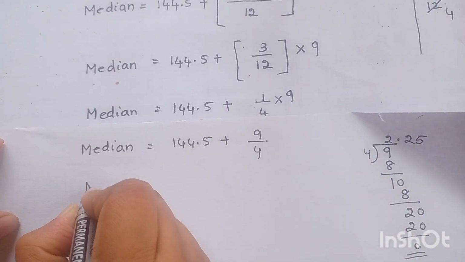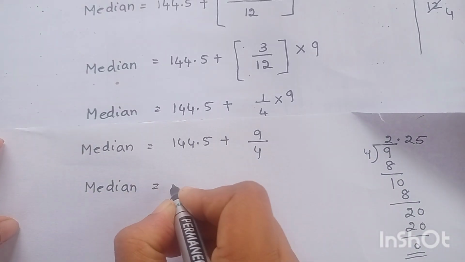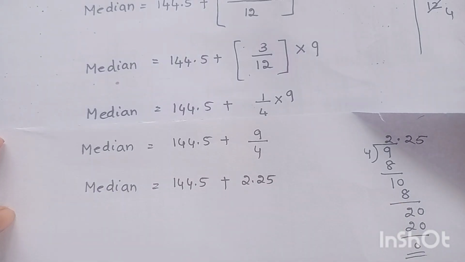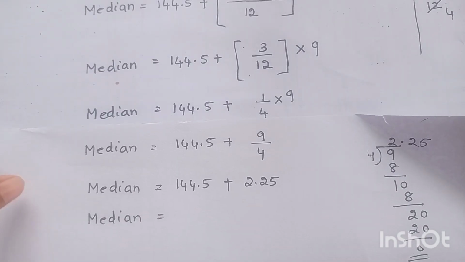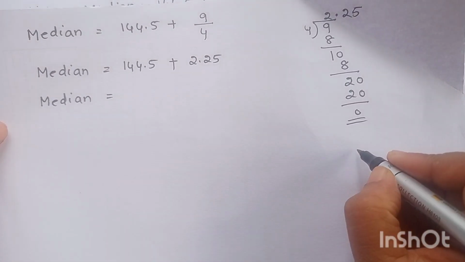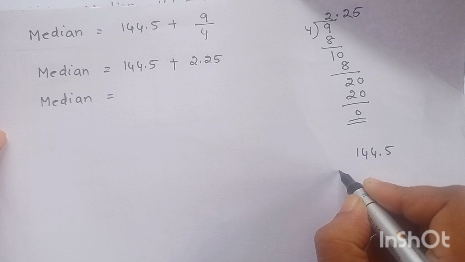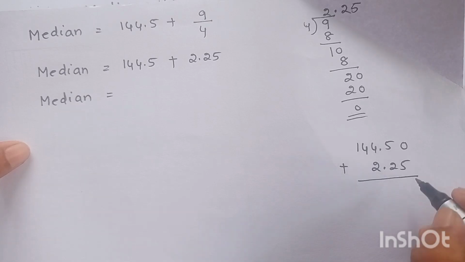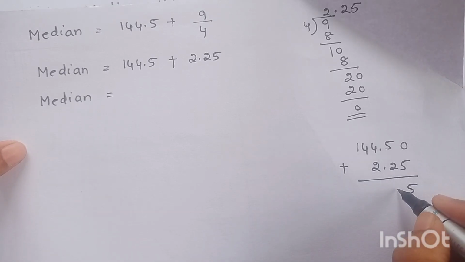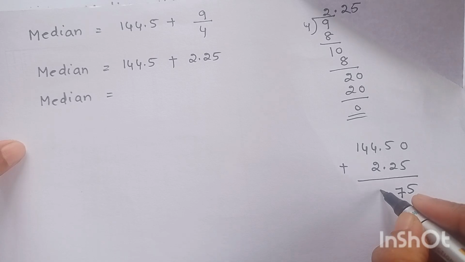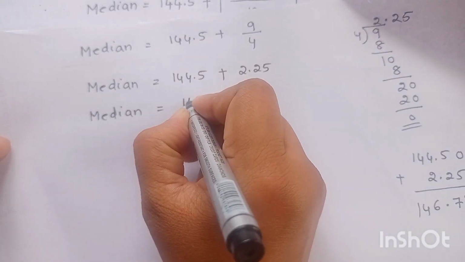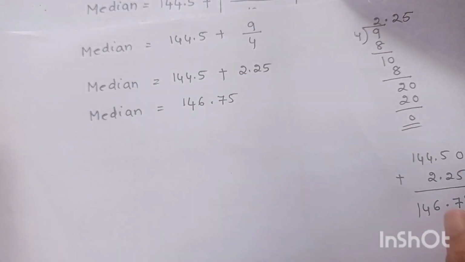Therefore, median is equal to 144.5 plus 2.25, which is 146.75. This is our answer.